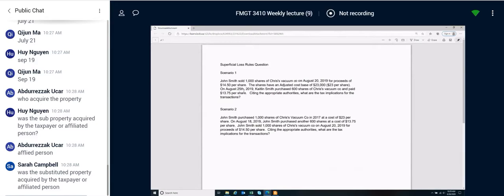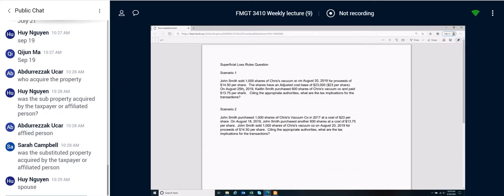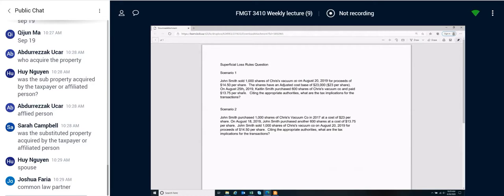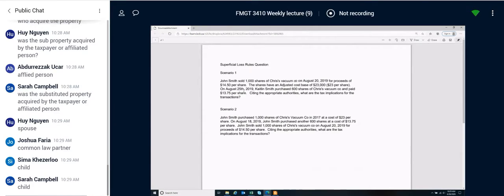So okay, taxpayer. John Smith is a taxpayer. So did John Smith purchase shares or an affiliated person? Well, what defines an affiliated person? Spouse. Okay, that's one. What's the other key one? No, not child. That is not an affiliated person.